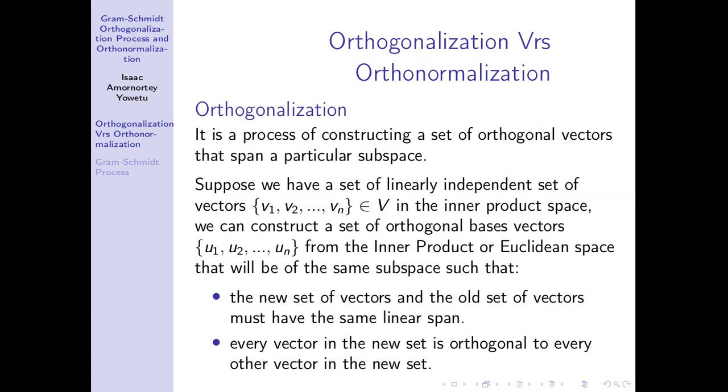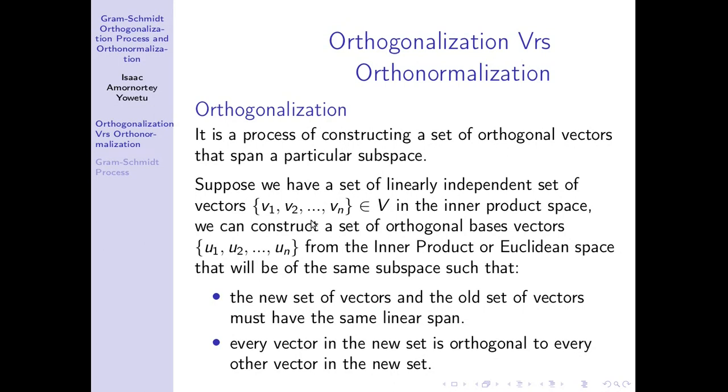When you talk of orthogonalization, it's basically a process of constructing a set of orthogonal vectors that span a particular subspace. Suppose we have a linearly independent set of vectors v1, v2 to vn belonging to V in the inner product space.